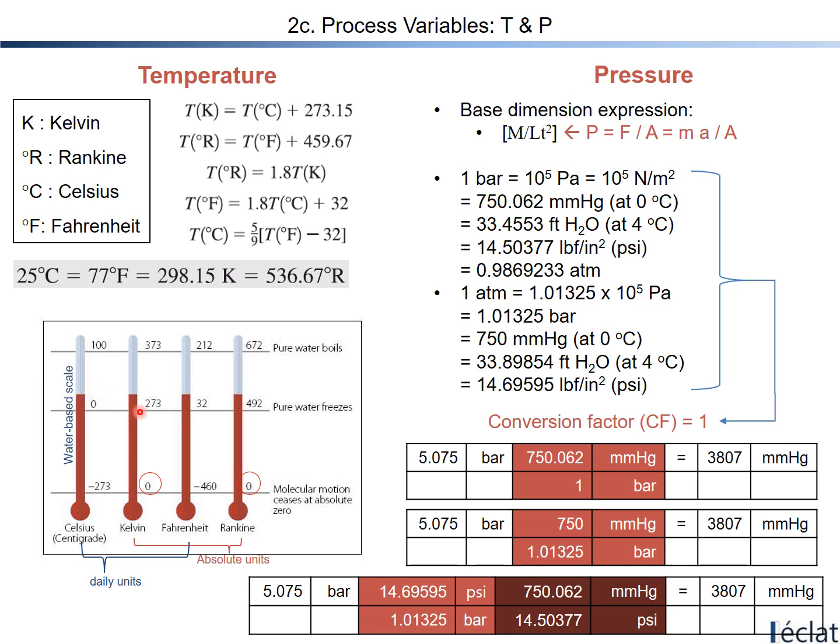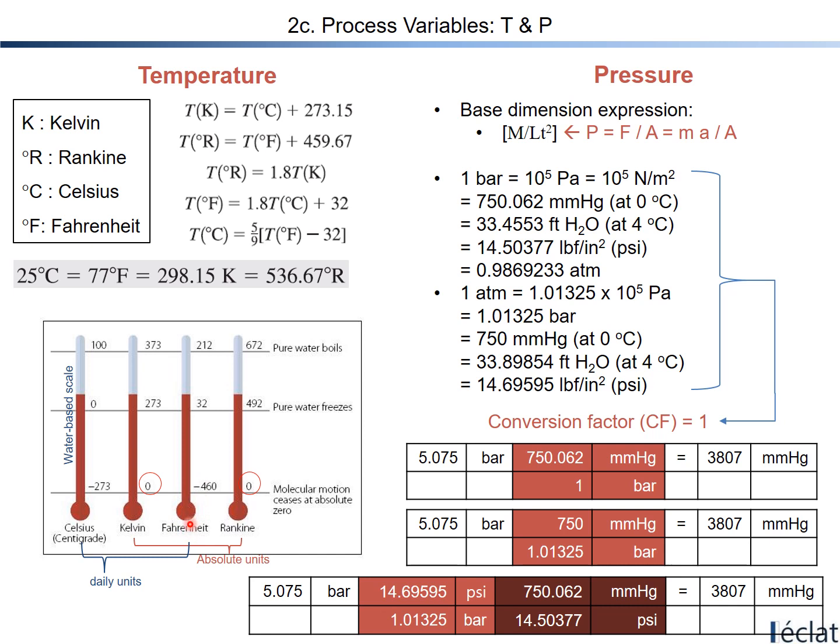Kelvin has the same unit temperature scale. Let me check the temperature difference between the boiling and freezing point: 373 minus 273, exactly 100. So Celsius and Kelvin have the same unit temperature scale. However, the starting points are different. Of course, I have said again, Kelvin starts from 0. However, Celsius starts from minus 273.